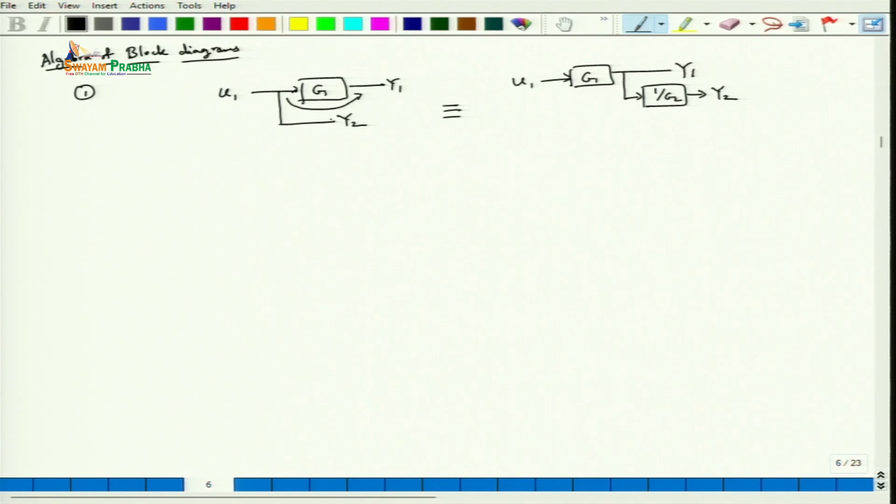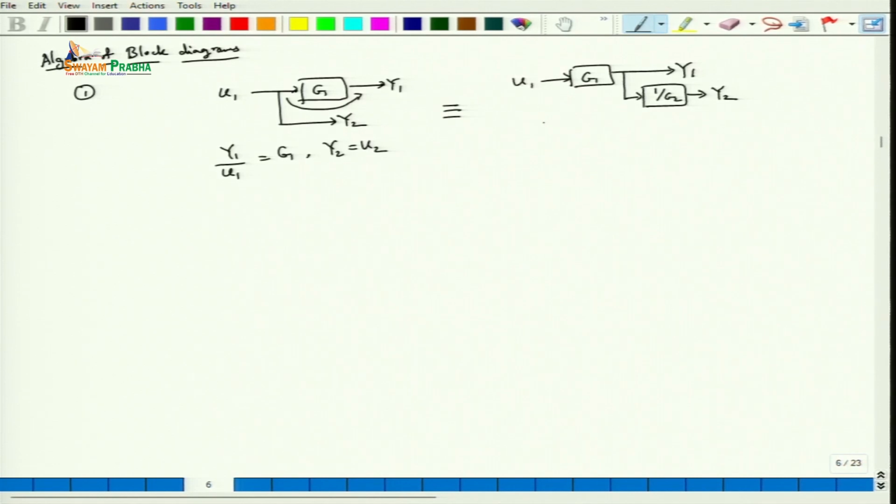Now, the most important part is whenever you do this algebra, you always need to understand whether it gives you the same relations. For example, in the first one, y1 by u1 is G1, and y2 is u2.